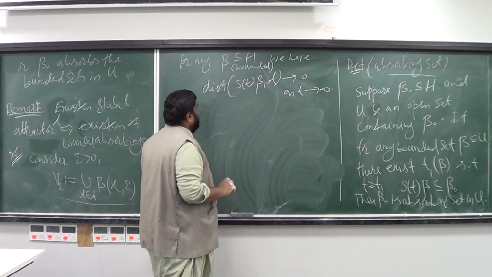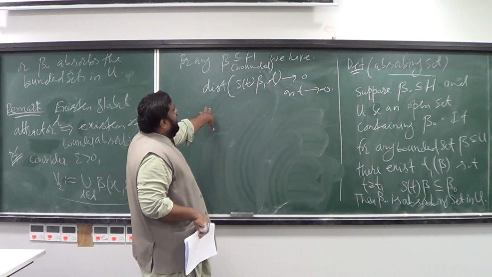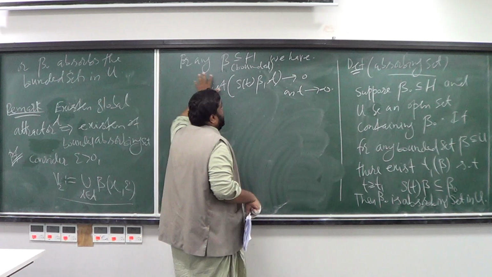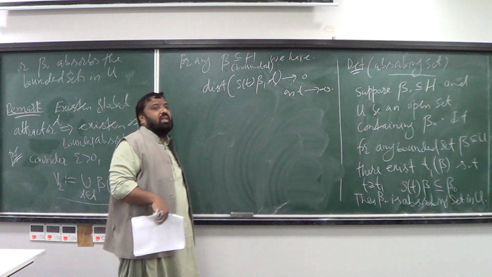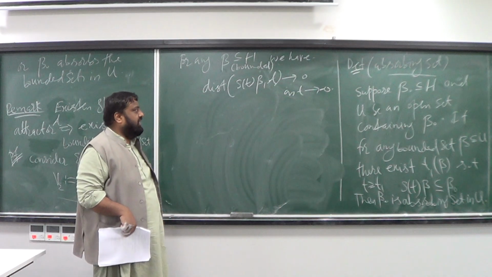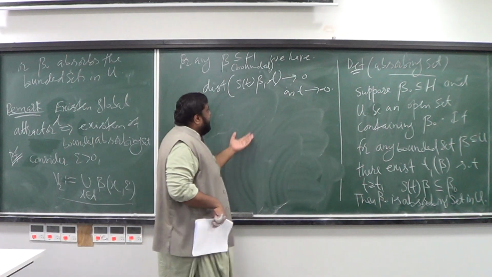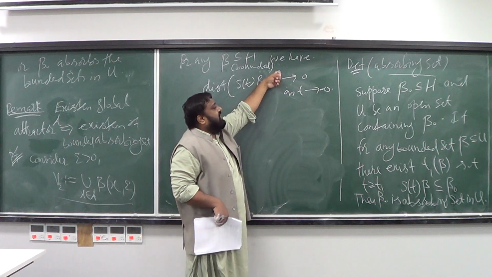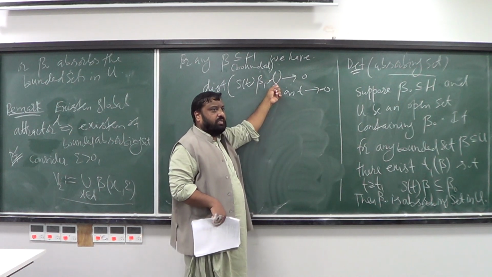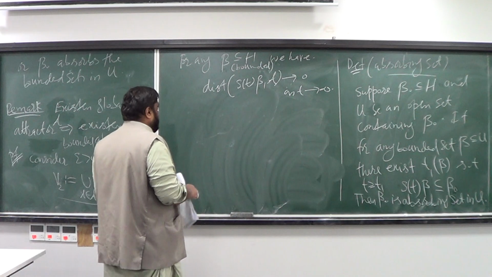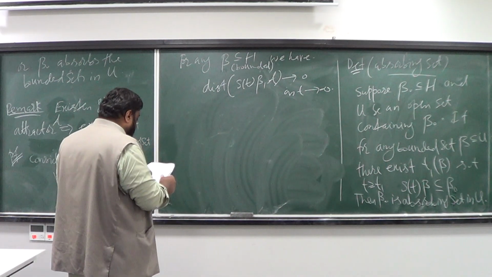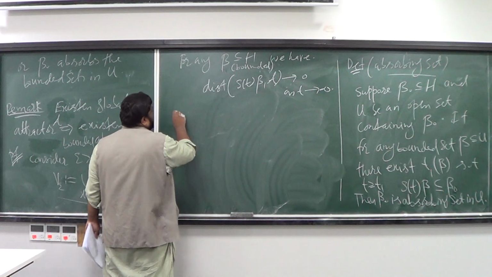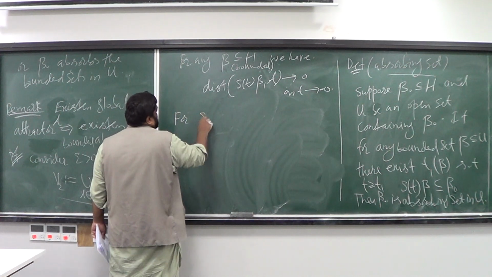For any bounded subset of H, since A is a global attractor, it will be uniformly attracted by the set A as t goes to infinity. All trajectories that start from this bounded set will end up converging to the global attractor A.